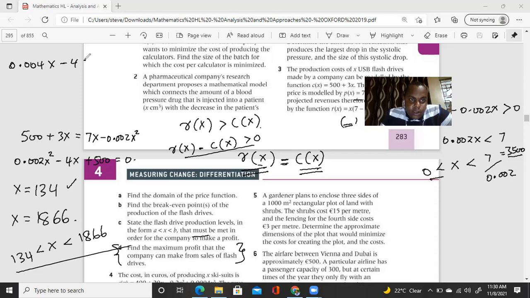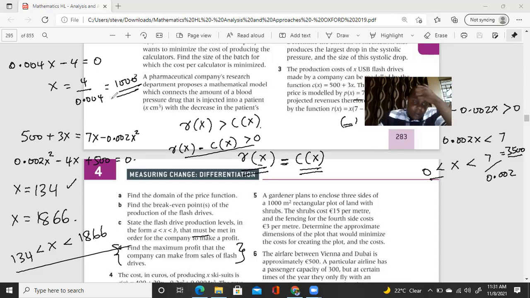Then we equate to 0. So x becomes 4 divided by 0.004, which I think is 1,000. Yeah. So that's one way.